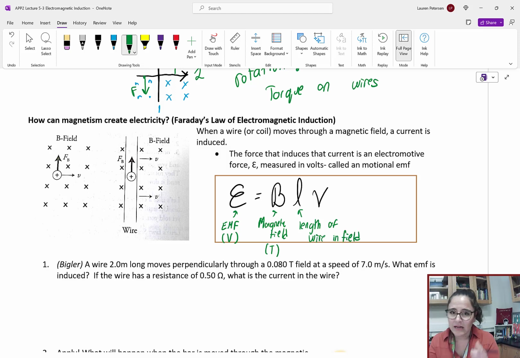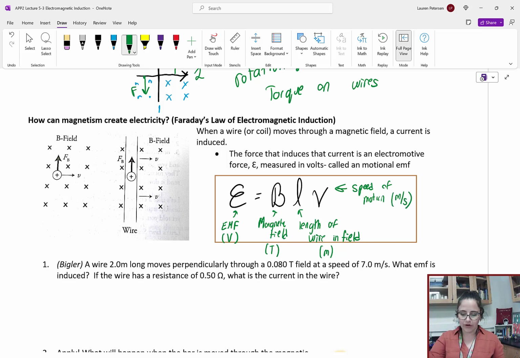Sometimes they'll test you with this and they'll have only a portion of the wire in the field and some of it outside the field. It's only going to be the length of the wire in the field, measured in meters. And then V is going to be the speed of the motion, measured in meters per second.